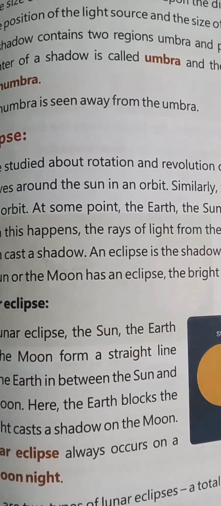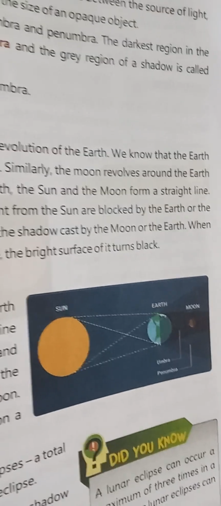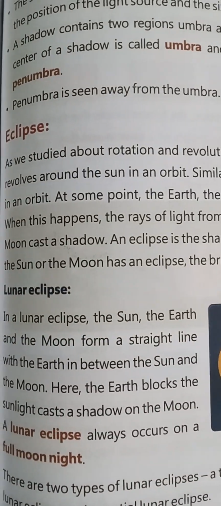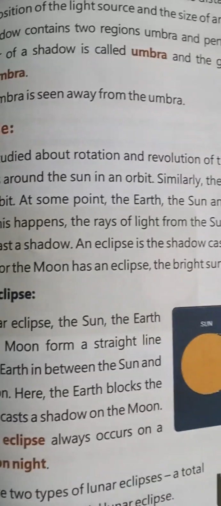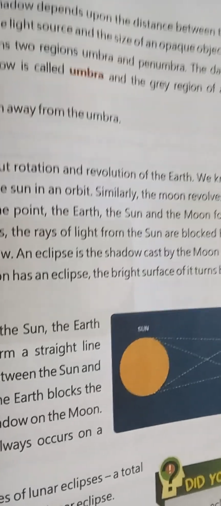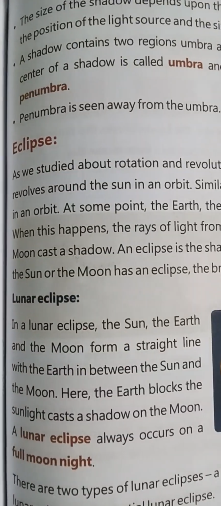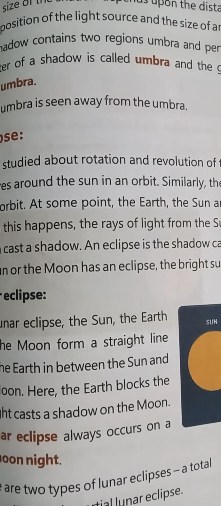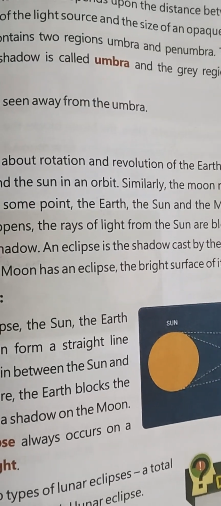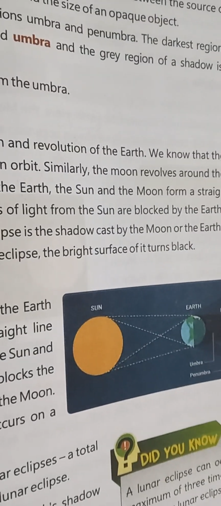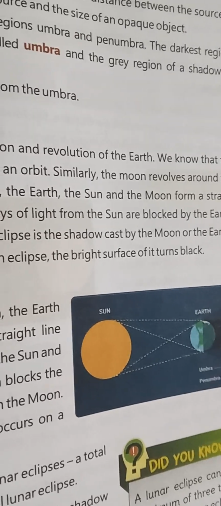When this happens, the rays of light from the sun are blocked by the earth or the moon, which cast a shadow. An eclipse is a shadow cast by the moon or the earth when the sun or the moon has an eclipse. The bright surface of it turns black.